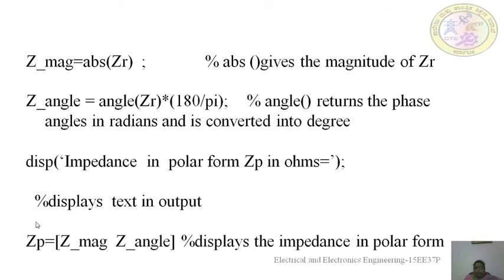And here, to display the impedance in the polar form, I am going to write it as Z magnitude and the Z angle, where Z magnitude will give me the value of the magnitude of the impedance, and Z angle is going to give us the angle of that ZR whatever we have calculated, and it is written in the square bracket here. So it will be displayed in the form of a table.